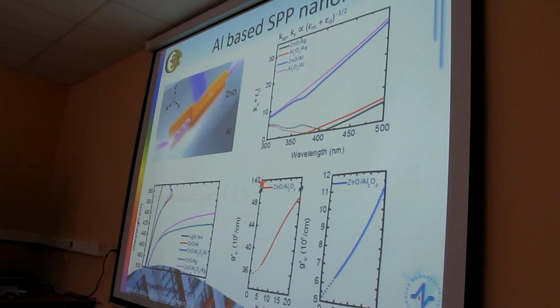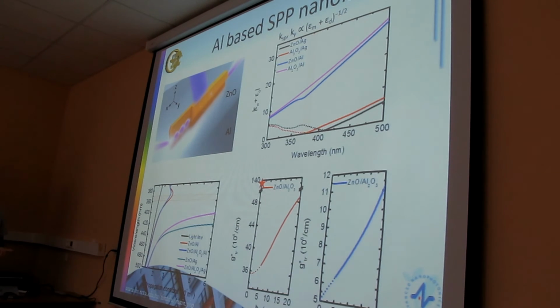As mentioned above, typically the structure we use is the SIM structure, semiconductor, insulator, and metal. The insulator between the metal and the gain material is to prevent metallic loss.